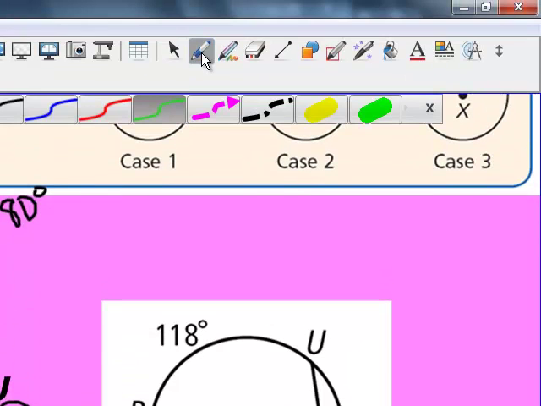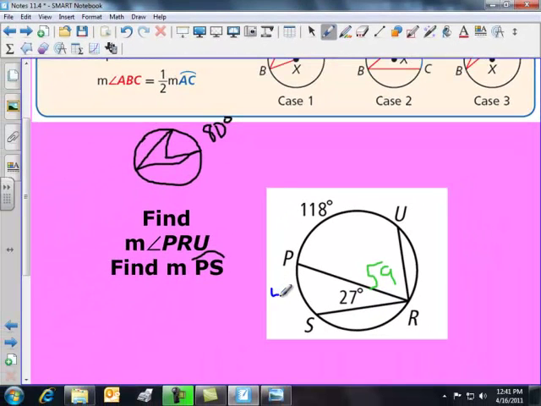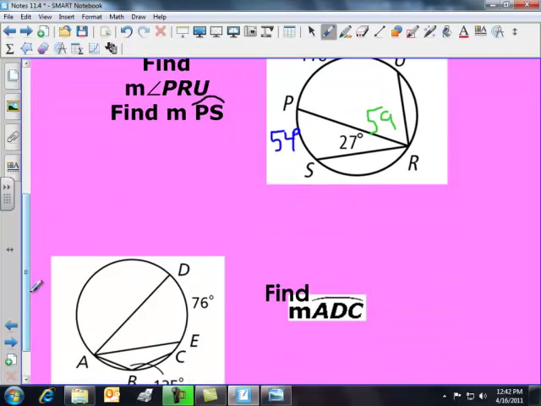And I hope you said that out loud and that everybody in your house is thinking that you're strange because you're talking to your computer. Alright, so this will be 54 degrees simply because this inscribed angle is half of the intercepted arc. So that's 27 degrees, that is half of 54 degrees.